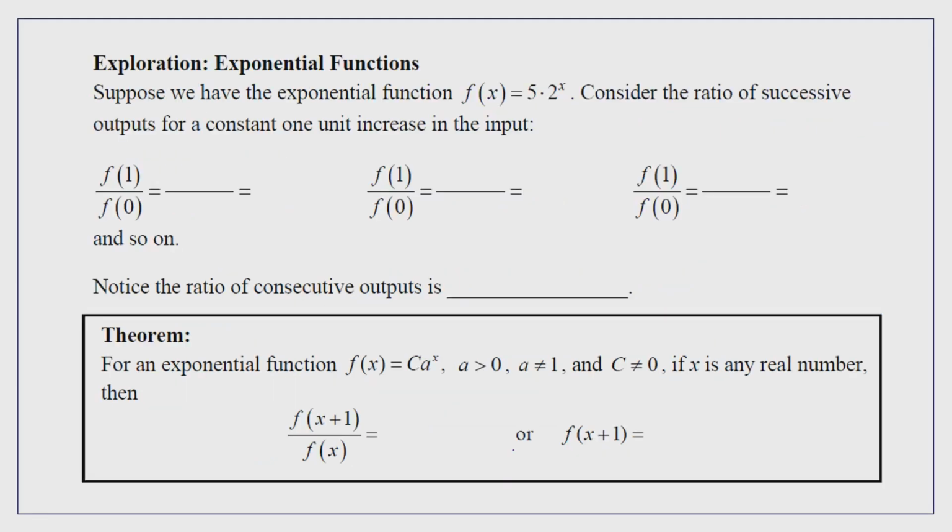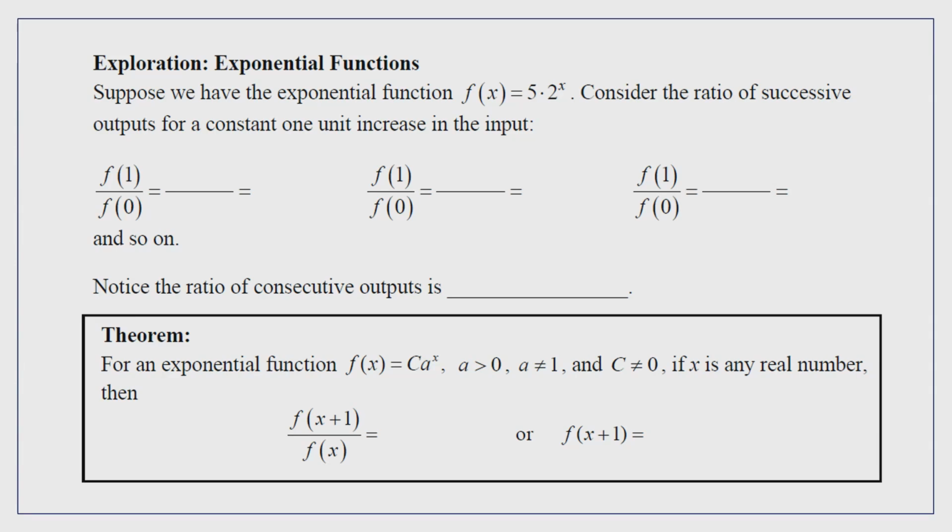Okay. So let's explore exponential functions a little bit. Suppose we have the exponential function f of x equals 5 times 2 to the power x. Now we want to consider the ratio of successive outputs for a constant 1 unit increase in the input.